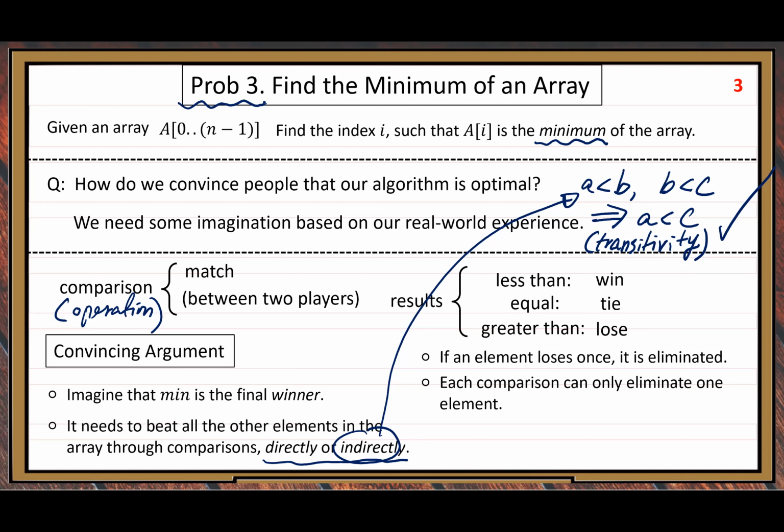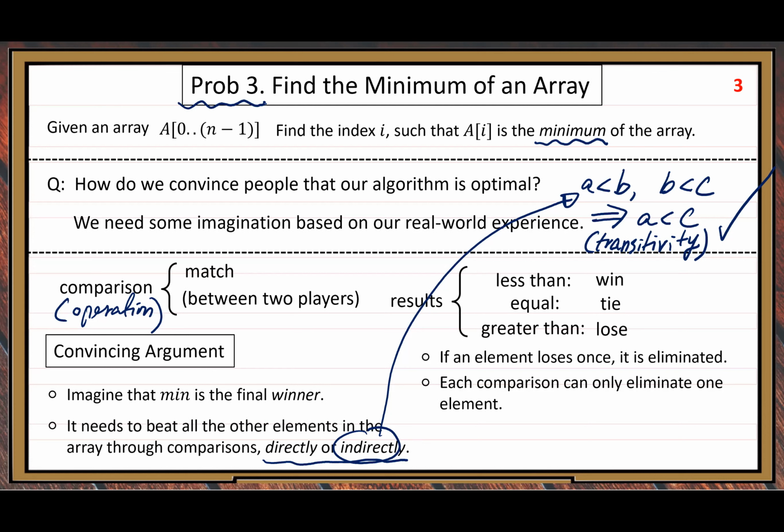So we have this statement: each comparison can only eliminate one element. All correct. So far we have 4 statements. They are all correct, right? No question.